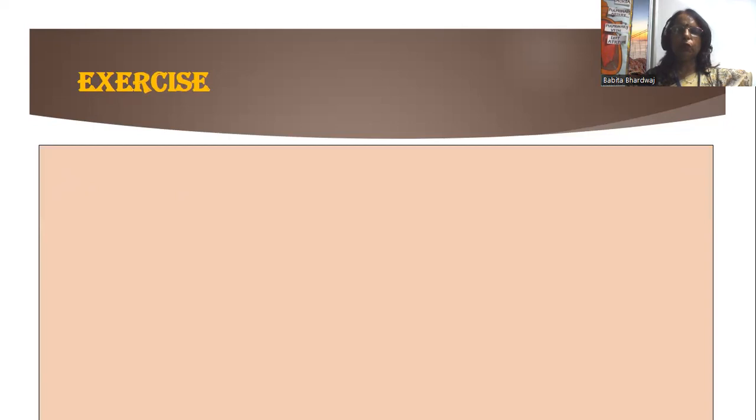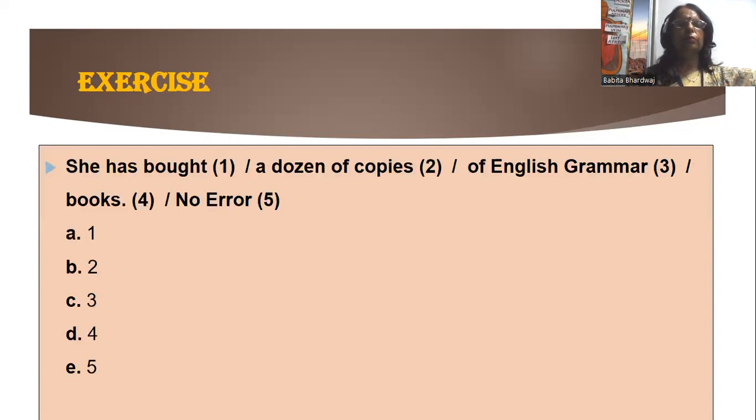Now coming to the next question. Here you can see: she has bought a dozen of copies of English grammar books, and no error. So again, the first part is she has bought a dozen of copies of English grammar books. Here you can see a dozen of copies.